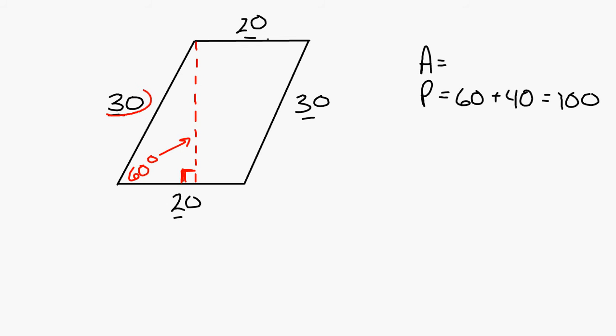Half of 30 would be this piece of that right triangle. We did that earlier this year when we did special right triangles. So this piece right here would be 30 divided by 2. So the bottom piece of this triangle is 15.